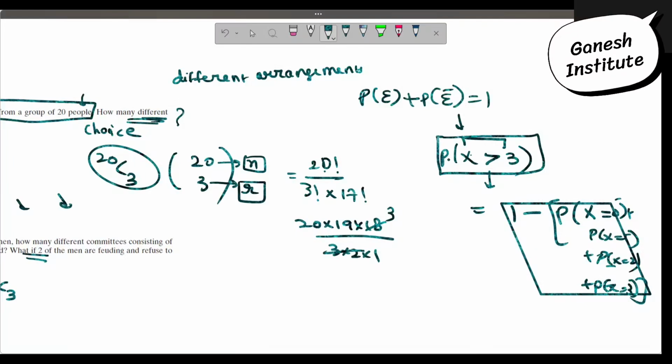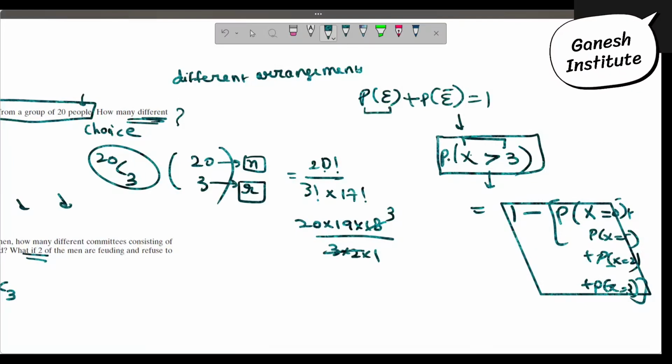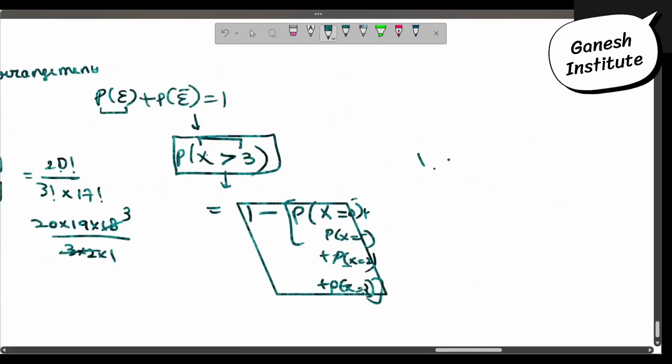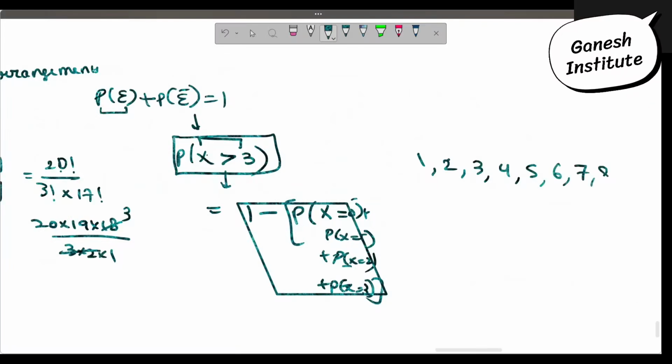So if I have to find the probability that the value is greater than 3, let me take discrete values up to 10. I need to find the probability that x is greater than 3.